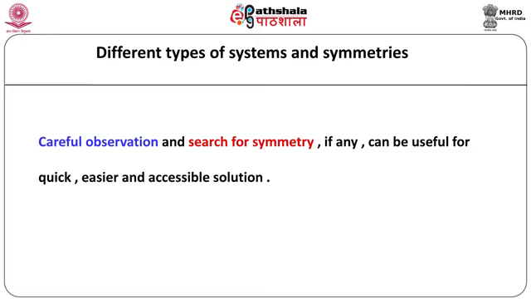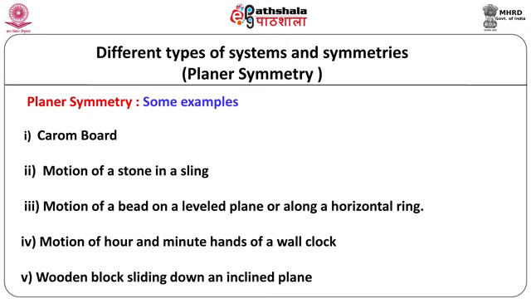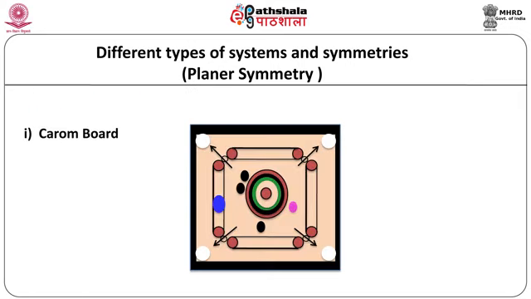Let us have a look at some of the examples. Let us have a look over the symmetrical aspects in the contents of the few slides which follow. Do you observe anything common in all of them? Would you like to play with a carom board?